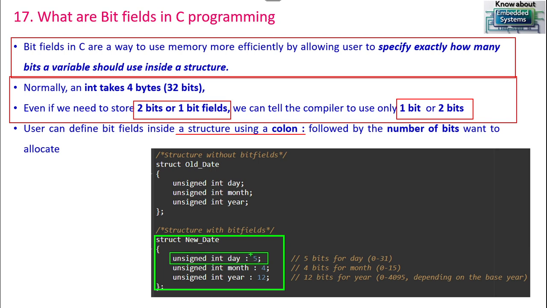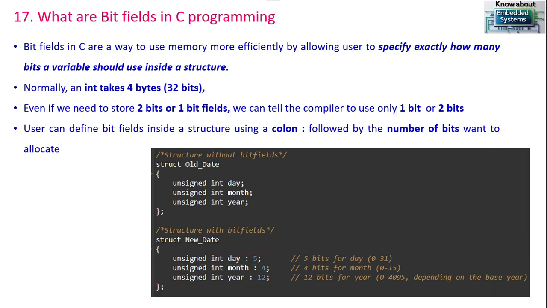I'm going to use 5 bits. So this is how we define the bit fields in a structure in C programming. With the help of these bit fields, we can save memory and we can speed up the execution also. So bit fields play a very important role in embedded systems and microcontroller programming.